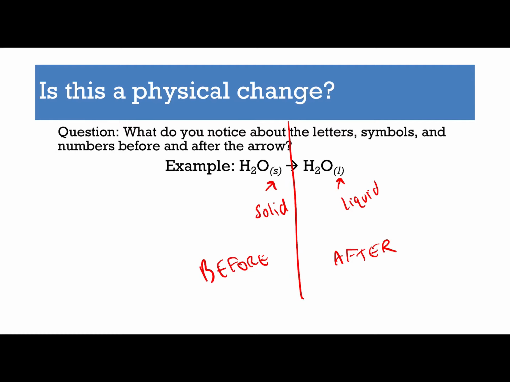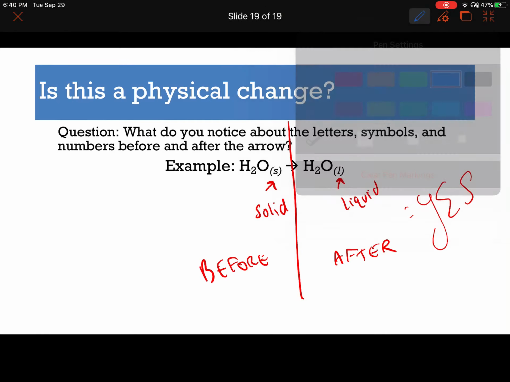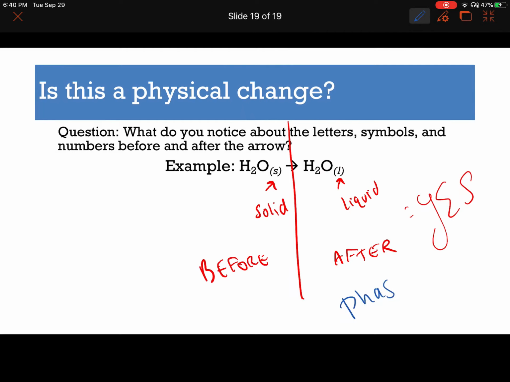So we have solid water turning into liquid water. Is this a physical change? The answer is yes. And this is an example of a phase change, because you're changing from a solid to a liquid. And remember, phase changes are physical changes.